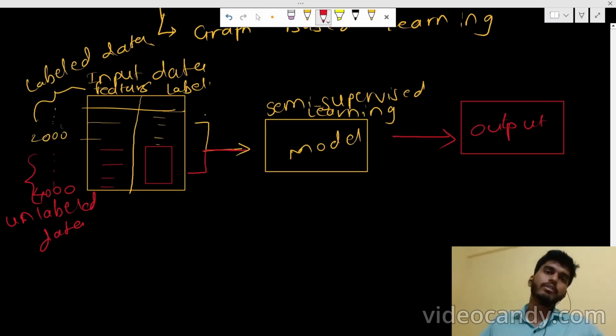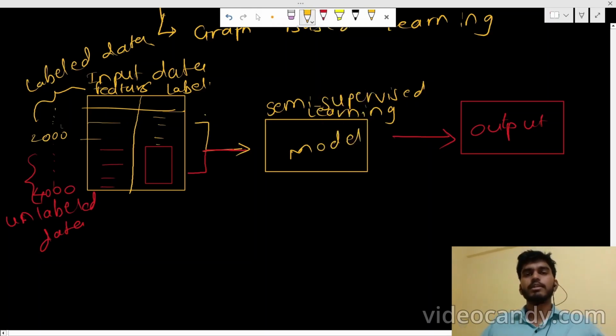So how did the machine learning engineer do this? Even though you have 2000 data points without labels, you trained a very fantastic model.